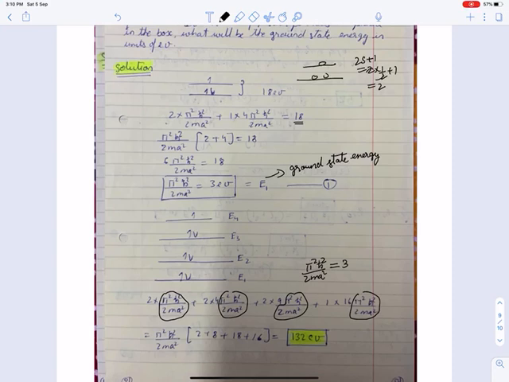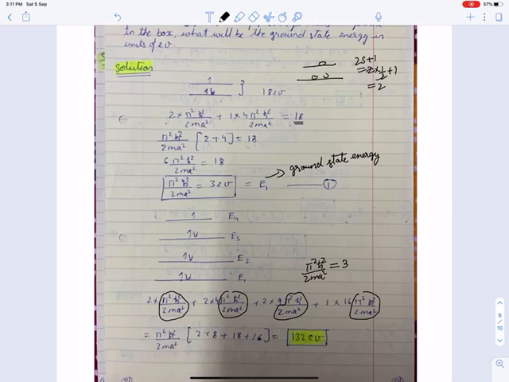I think there is no need to put in 3 unless the question says that the value of pi square h cut square upon 2m square is equal to 3, and then you can do this. Otherwise I don't think there is any need to put in 3.